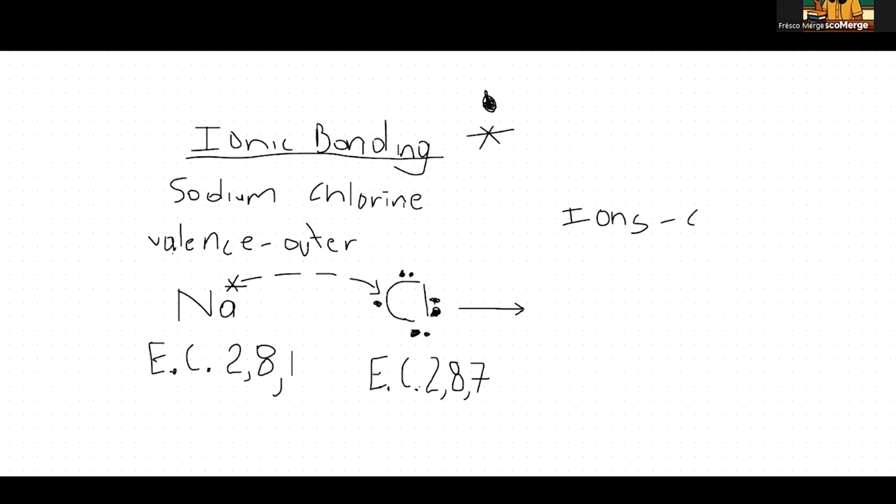What are the two charges they can possibly have? Positive. Good. So they can either become negative or positive.